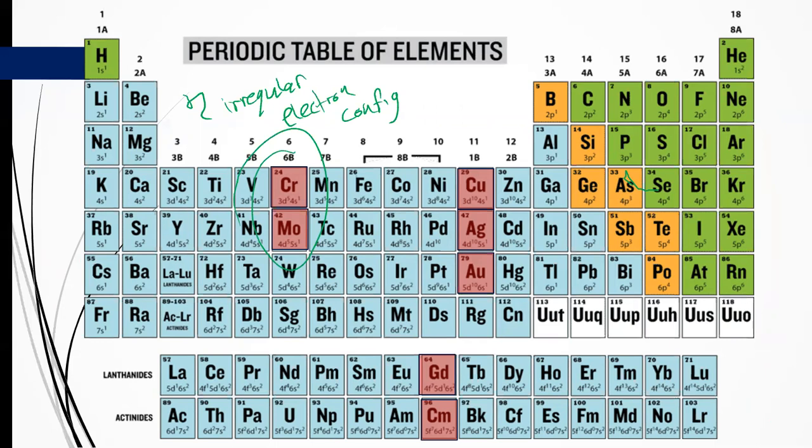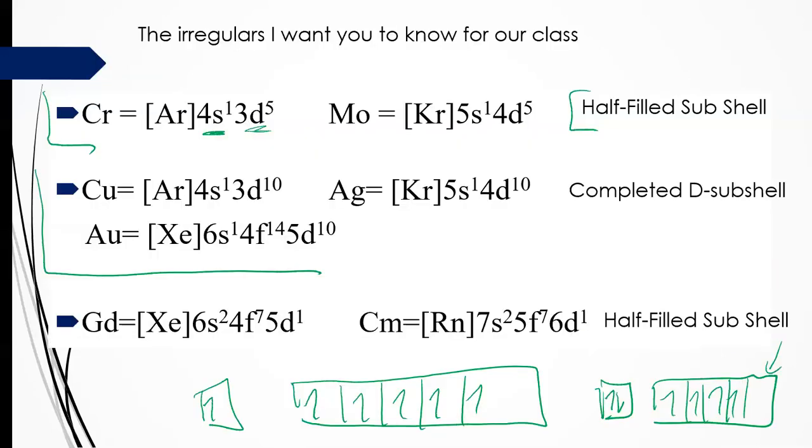Copper, gold, and silver, on the other hand, follow something similar in that they take one of those 4s electrons away so that they can bump up into the completely filled d level. That's how those top ones get theirs. The rare earth metals do something a little bit different.